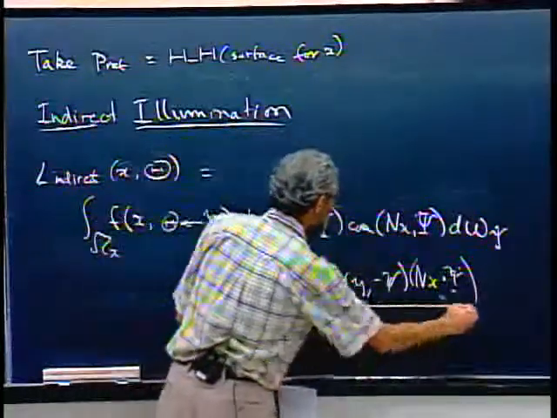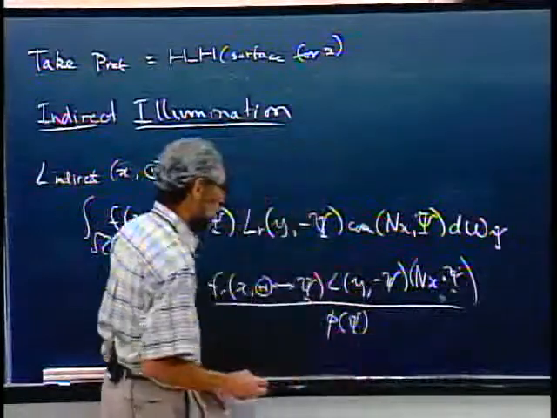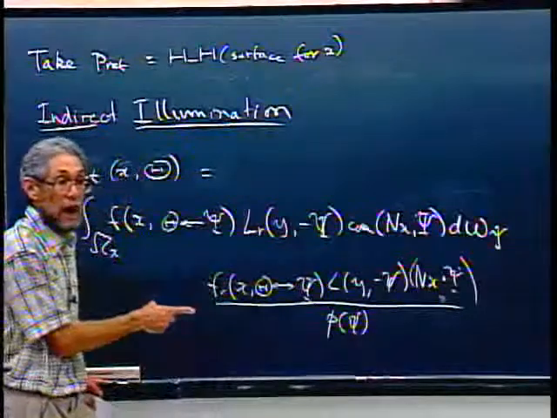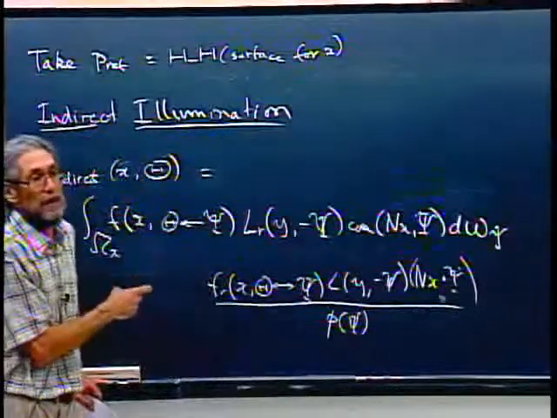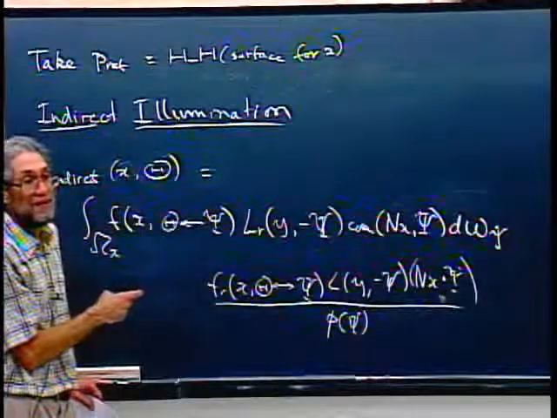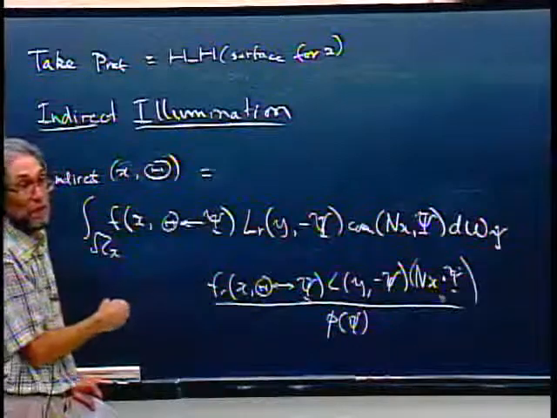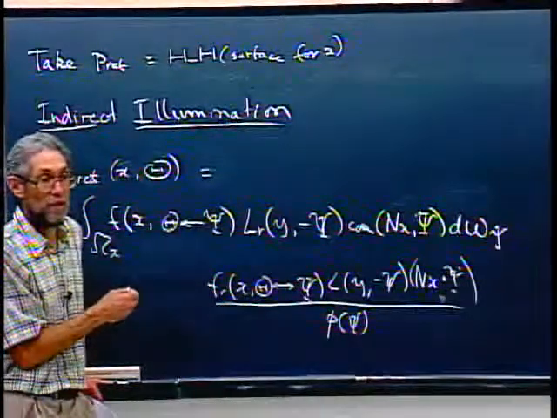But we have to divide by the probability of psi. So the way the book writes it, they write this as a sum over a bunch of psi i and then divide by the number of things you added up. But in the philosophy of path tracing that I'm writing now with only one sample each time, I won't bother with the sum. And I won't write the pseudocode with the sum in it either, the way the book does.